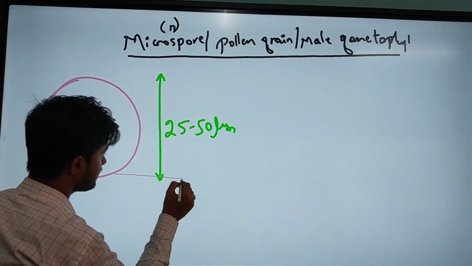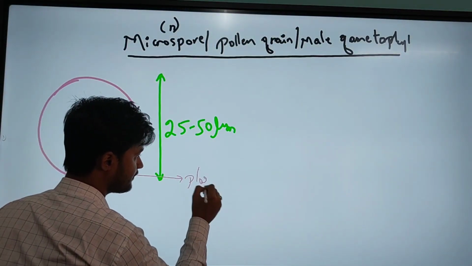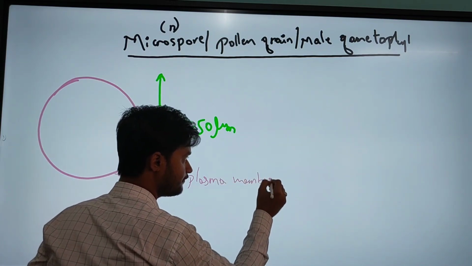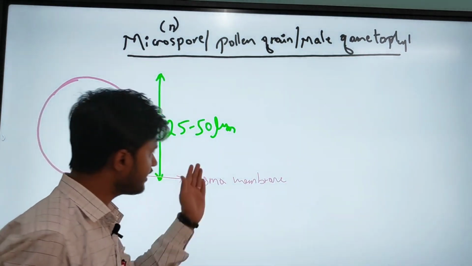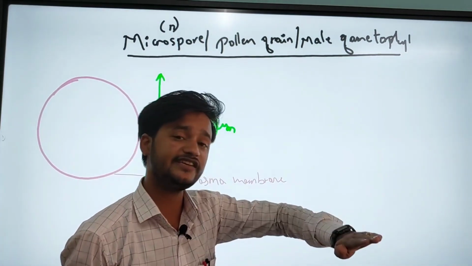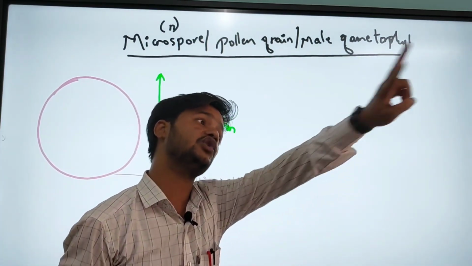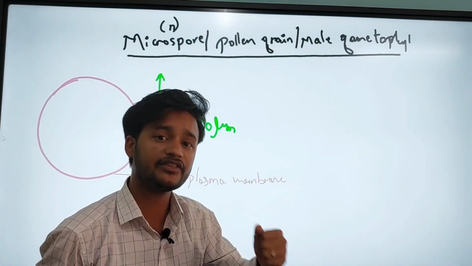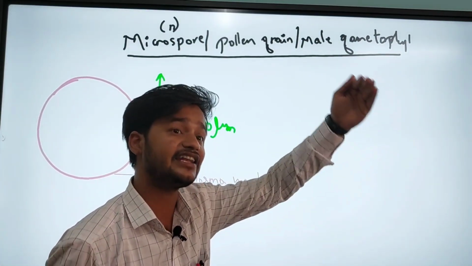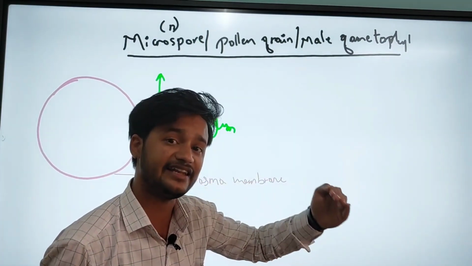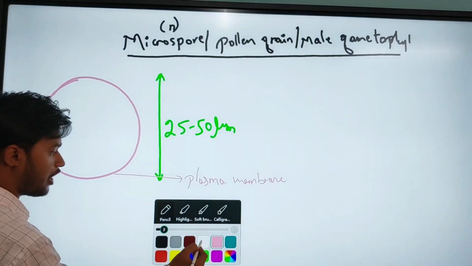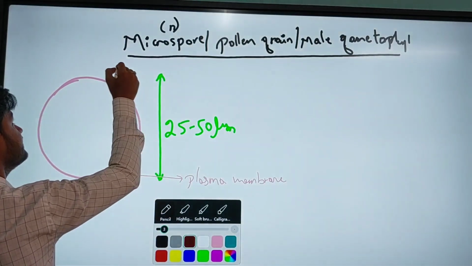The plasma membrane is covered by 2 external layers. The names of the layers are the outer exine and the inner intine layers.